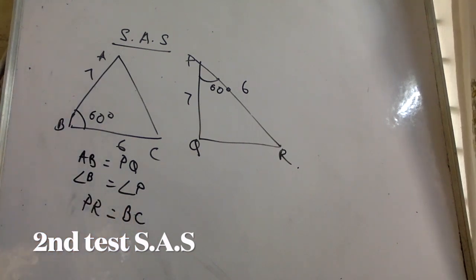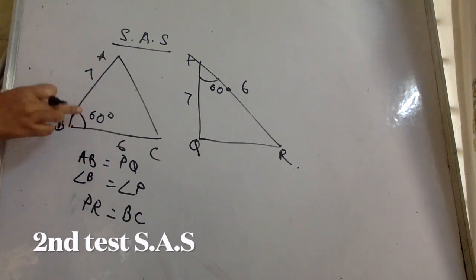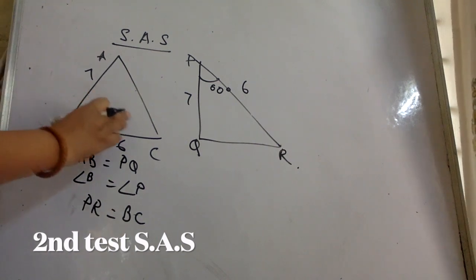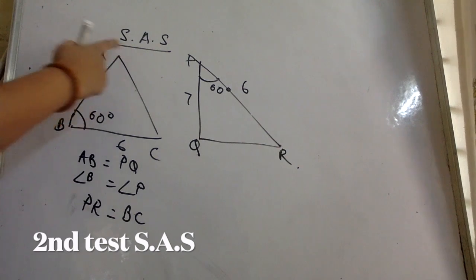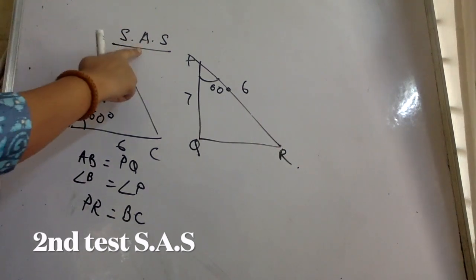So we are observing that two sides and the angle which is sandwiched between them is equal. If that is the case, then we'll have to know that these two triangles are congruent, congruent by SAS, the postulate SAS, side, angle, side.